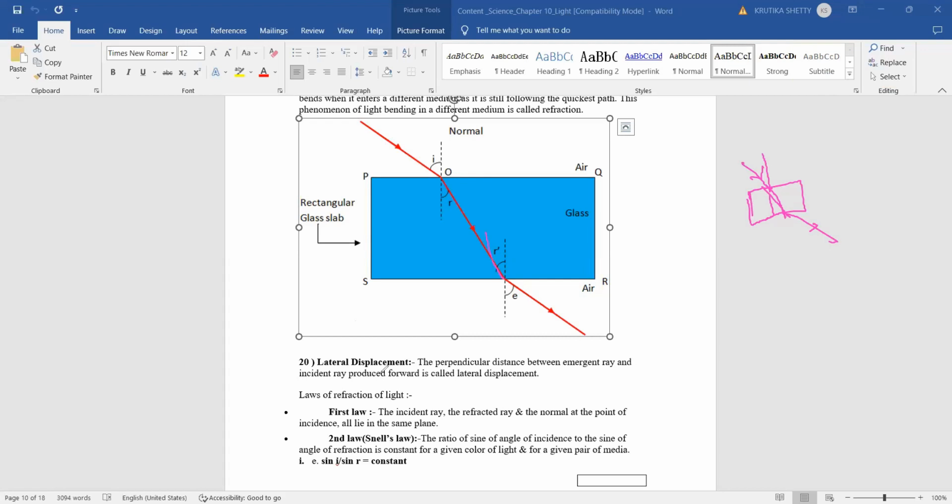Lateral displacement. Here if I extend this ray in the backward direction, emergent ray and the incident ray, this perpendicular distance is called lateral displacement. Okay, the first law and the second law we have already discussed. So let us go for the next point.